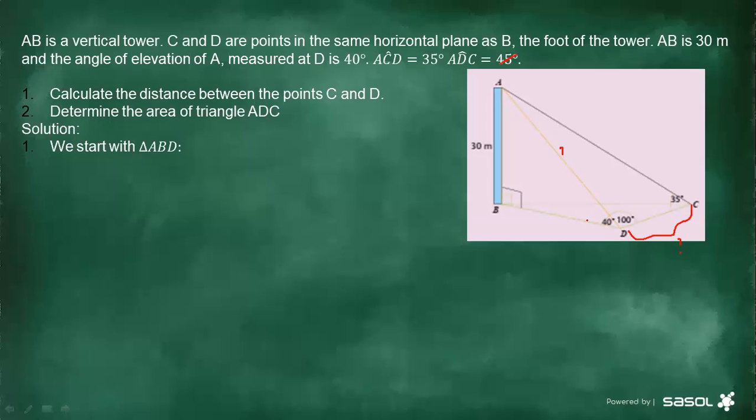We want to calculate AD. So what are we going to use? We use the trig ratio of sine, cross multiply, and divide by sine 40, which gives us 30 over sine 40. You press your calculator, and the length of AD is 46,67. So this side is 46,67.